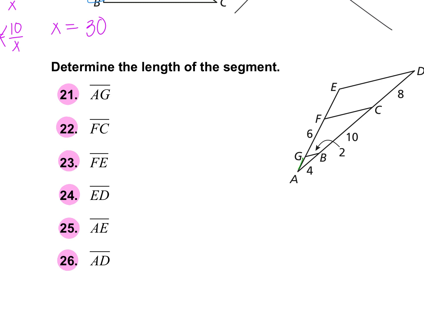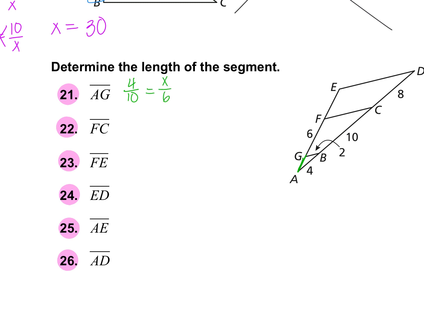AG is right here, this line in green. And because they're giving me my sides, so this 4 and this 10, and this x and this 6, I'm going to set it up that way. I'm forgetting about whatever's on top because I don't need it. So I am going to set it up as 4 over 10 equals x over 6.